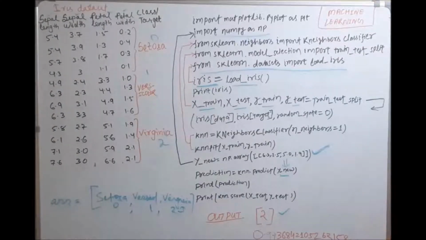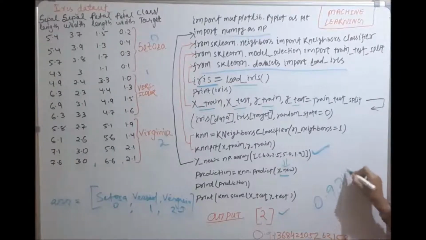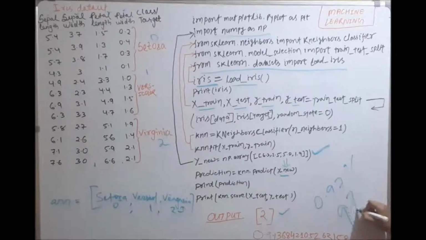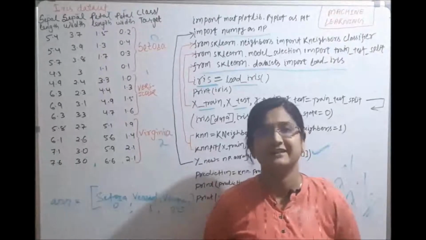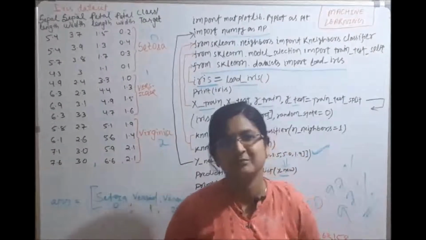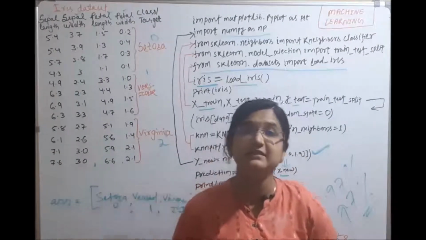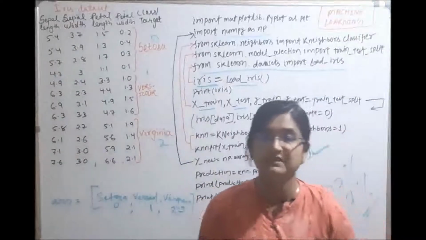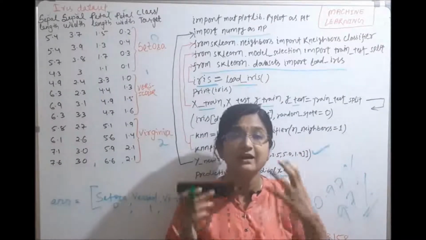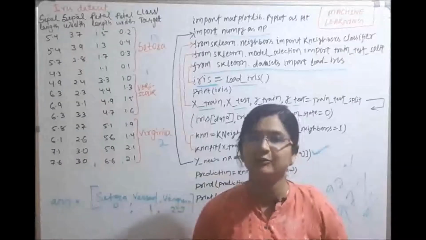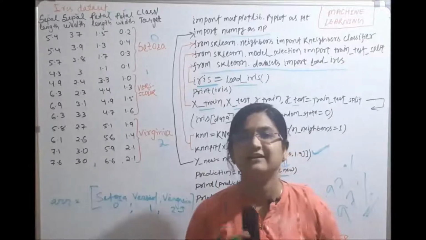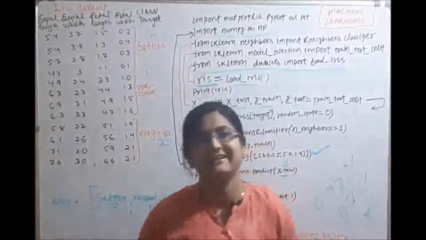My score is 0.97, which means 97%. My algorithm works correctly 97% of the time, with only a 3% error margin. So 97% is a very good fit. It predicts the correct species name 97% of the time. So my KNN algorithm works and predicts the correct species name of my iris flower.